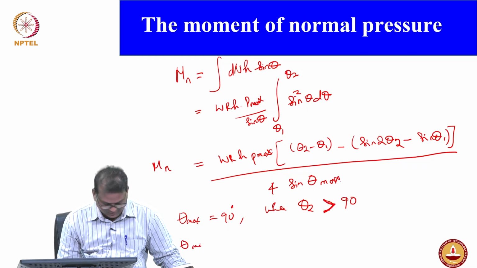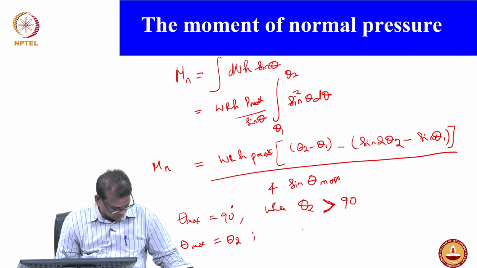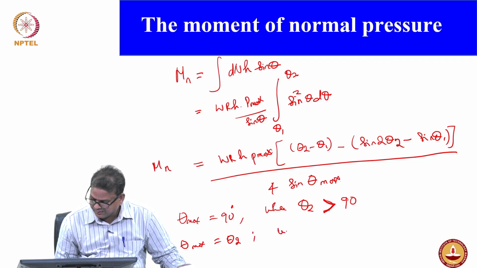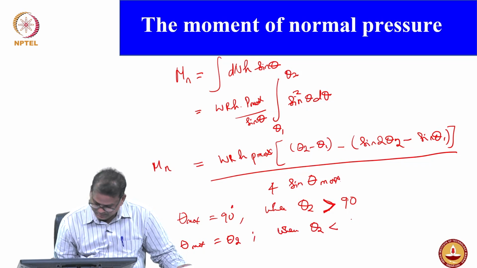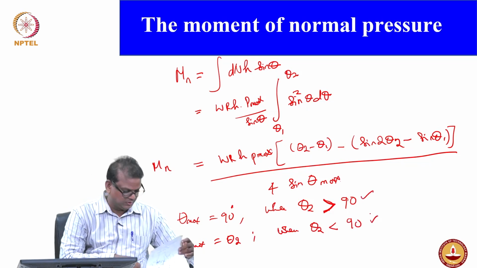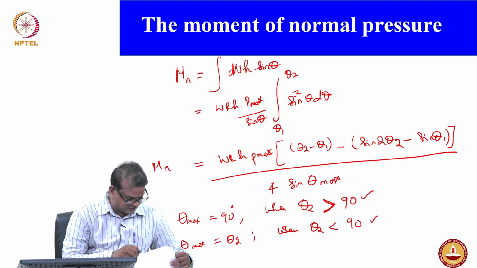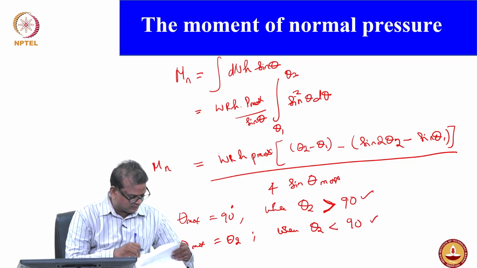When theta max equals theta 2, that is when theta 2 is less than 90. So these are the two conditions we always use for solving the torque equation of the brake drum.